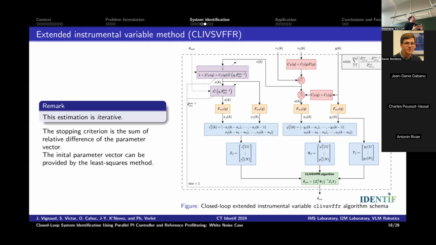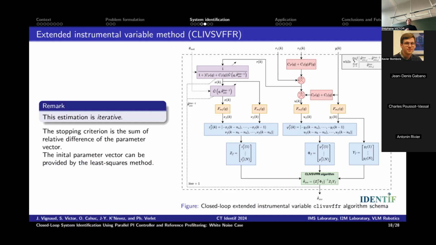This algorithm is quite the same on the right-hand side, but in the left part we find the instrumental variable system. So nu and x are gathered in the instrumental vector, then a matrix. Then we can compute the new parameter vector, which can be used in the next estimated model.